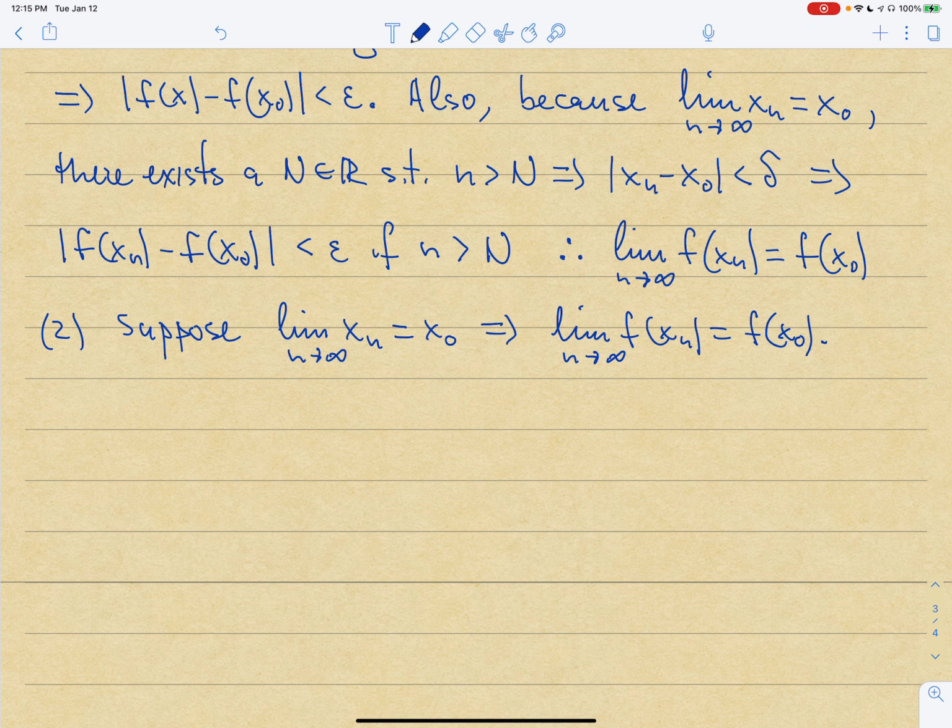So the function is continuous at the point x0. And let's assume on the contrary that the statement of the theorem doesn't hold.